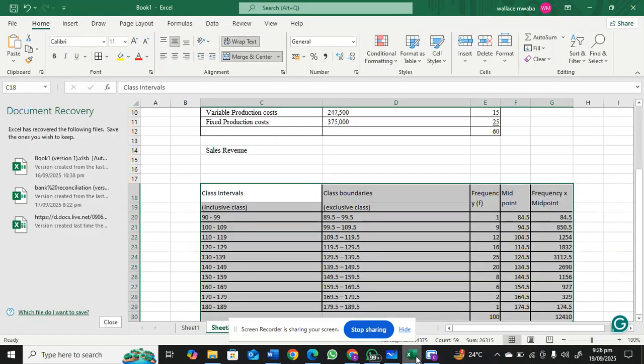So in our table, we need to square our midpoints.